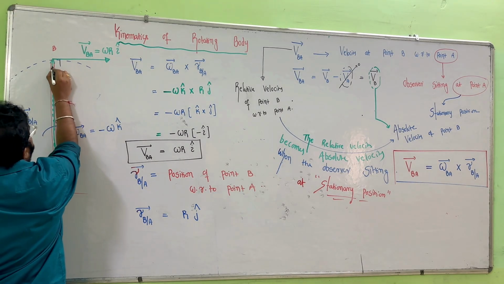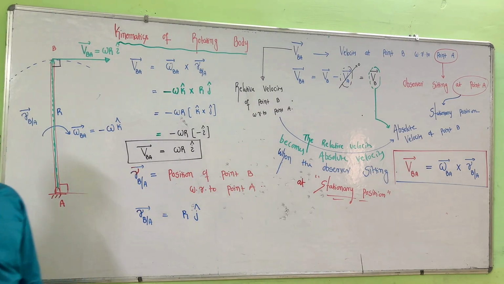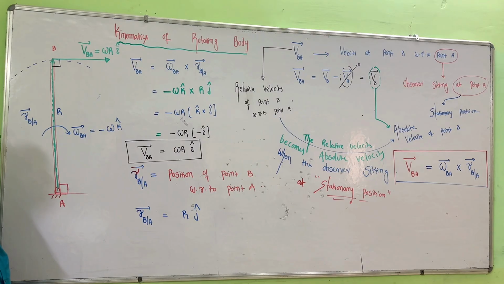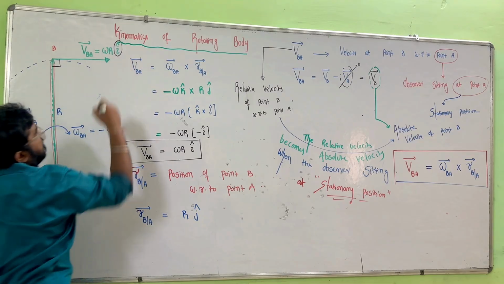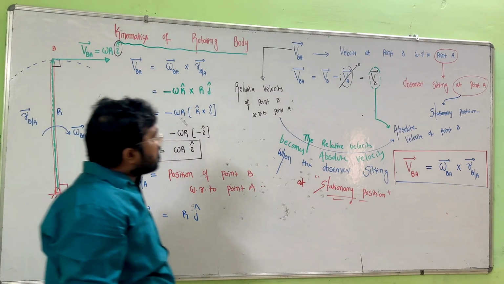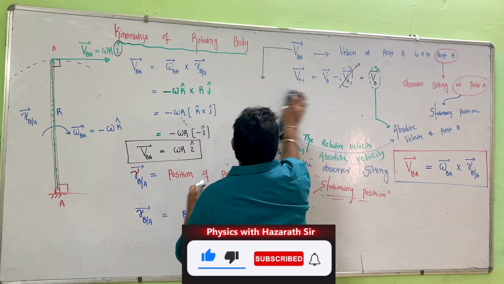Understood? It is acting perpendicular to the rigid body in the same sense of omega and tangential to the rotation of the rigid body. Matching or not? Omega R i cap.